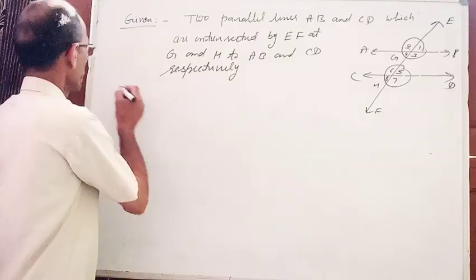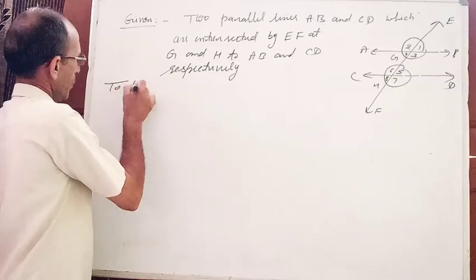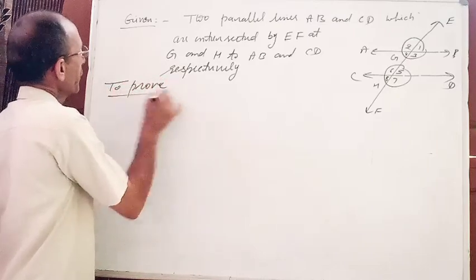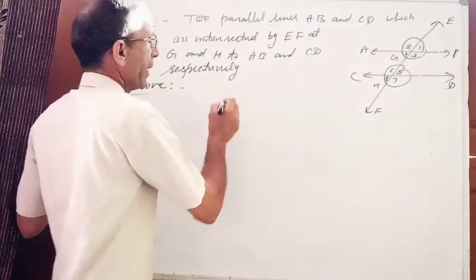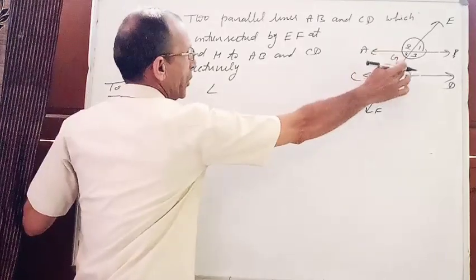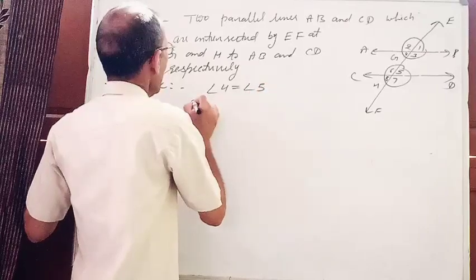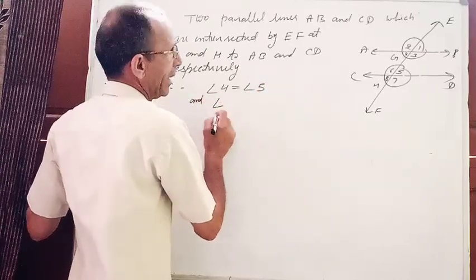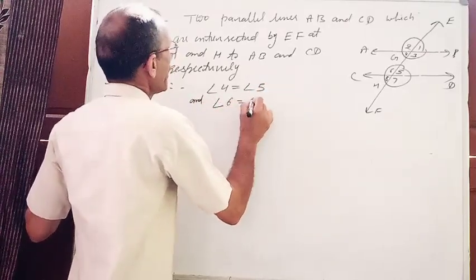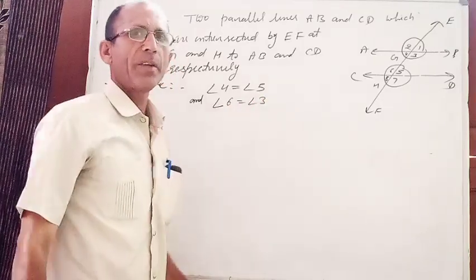To prove. What we have to prove? We have to prove angle 4 is equal to angle 5 and angle 6 is equal to angle 3. We have to prove this one.